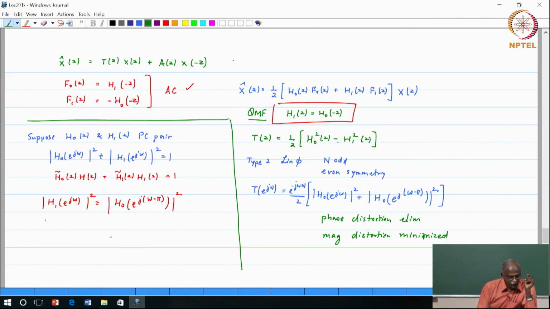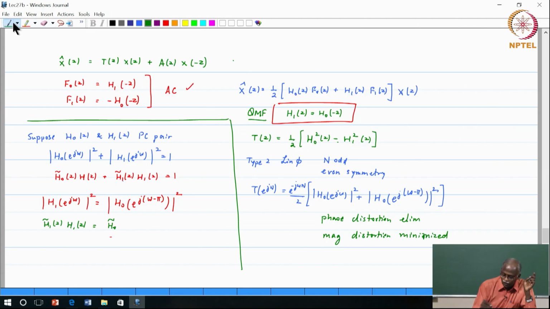The QMF constraint can be written in the following way: H1 tilde of z H1 of z. Now the phase is present, and this has to be satisfied with H naught tilde of z H naught of z. Okay. And wait, I made a mistake. There is a minus sign, sorry.